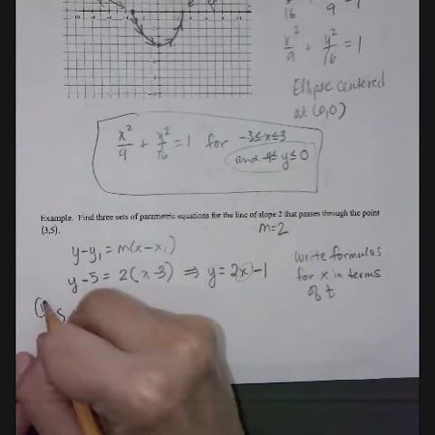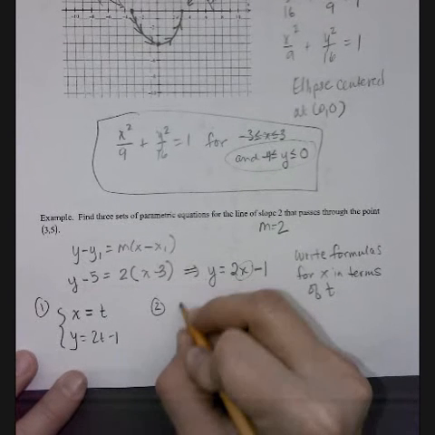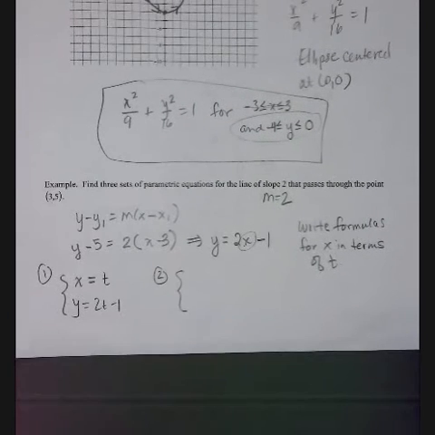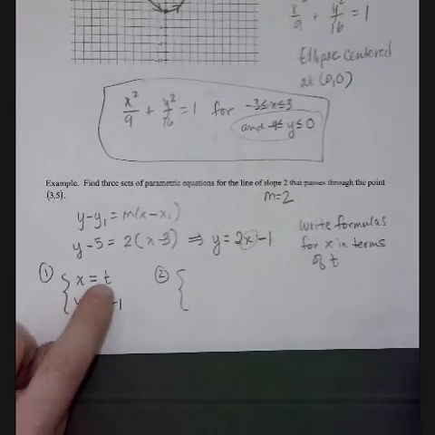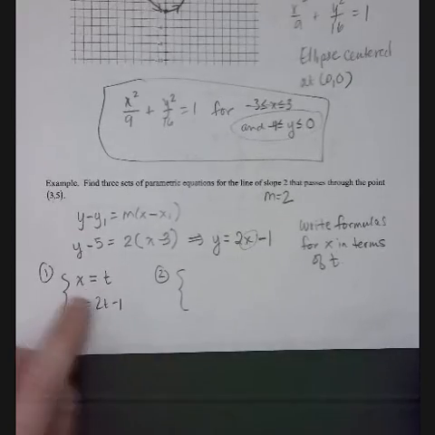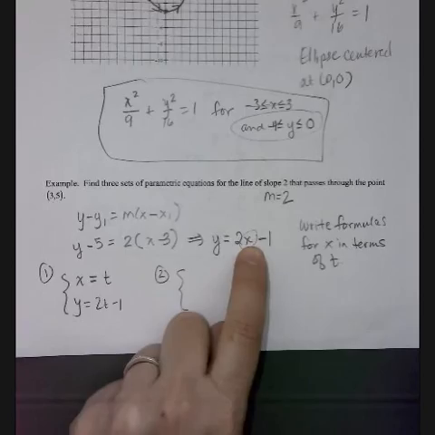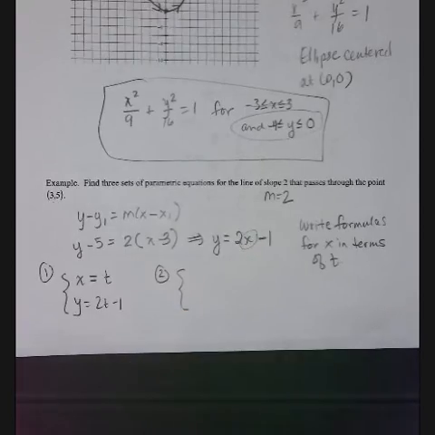2, just pick another formula for x and then plug that formula in and solve for y. But what I said before is very important. Don't pick anything that restricts x if you want this to be equal to the entire line. So I wouldn't let x equal the cosine of t, because then x is restricted between -1 and 1, and you wouldn't have the entire line, you'd only have the part of the line that's between -1 and 1.